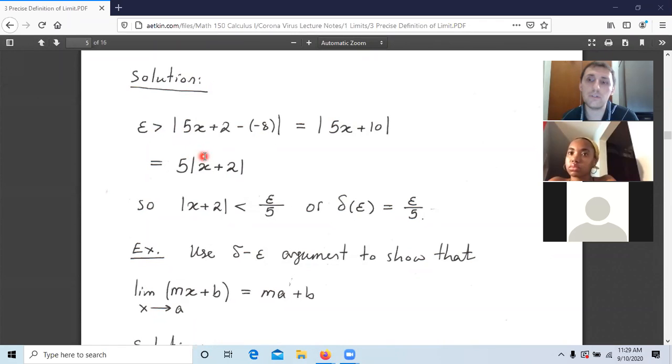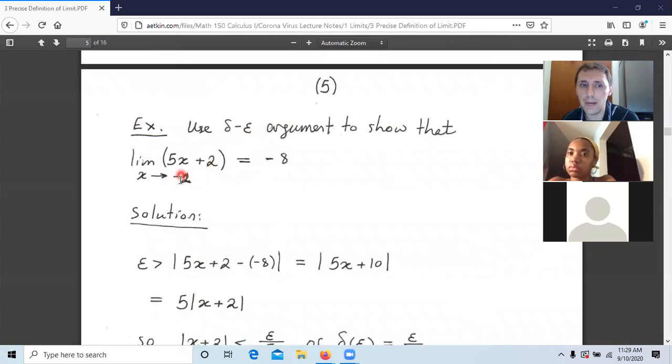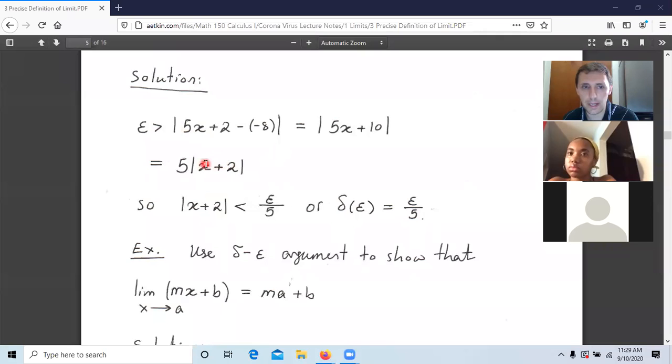And then the question from there is, where did the particle start from? How close was the particle to -2? That's communicated by the absolute value of x plus 2, which is the distance between x and -2, because it's x minus -2, good? Then I can factor out a 5, and I get this expression.